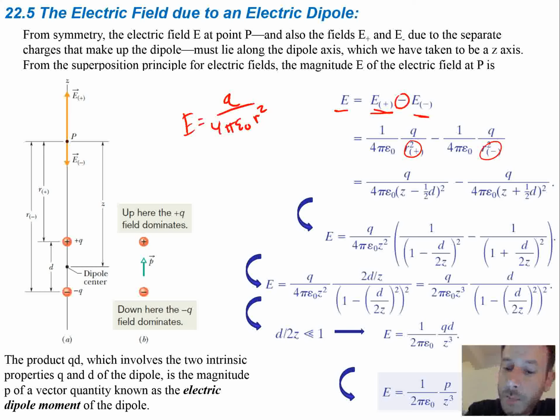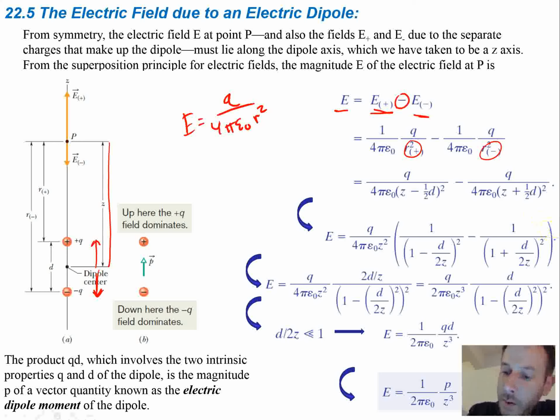So if we go ahead and plug in for r plus, z minus 1/2 d, so we take this value here, and to get back to the positive charge, we subtract off 1/2 of d, because this whole thing in between there is d. And then for our negative charge, we want to add 1/2 d, because again, it's going to be this whole distance here, plus this little bit down here, so that would be 1/2 d.